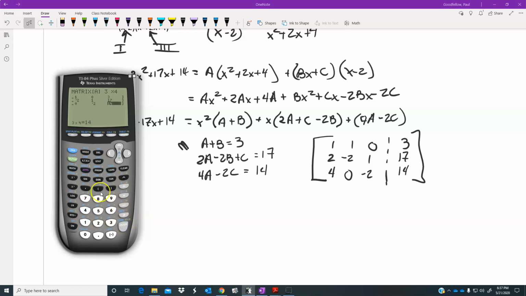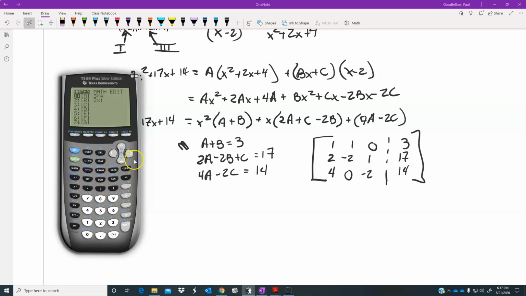Again, I'm going to check this matrix to see whether I plugged it in correctly, just a quick check to see if everything matches and I didn't make any input errors.